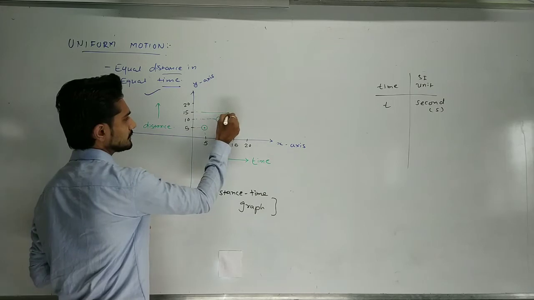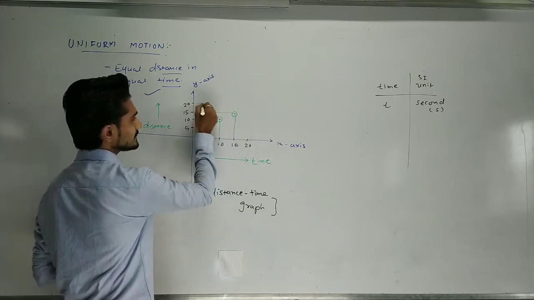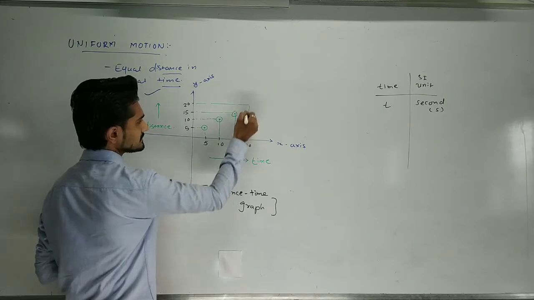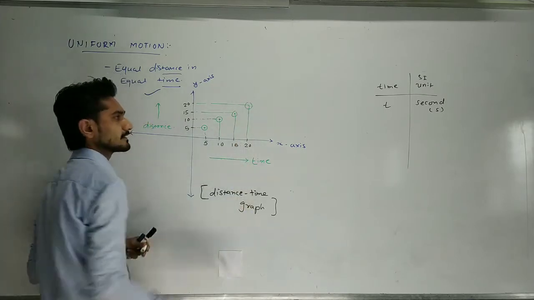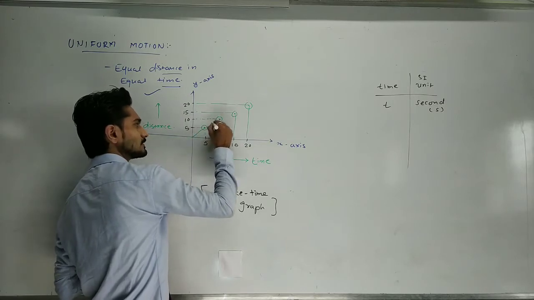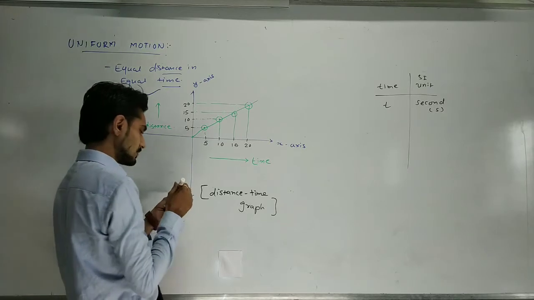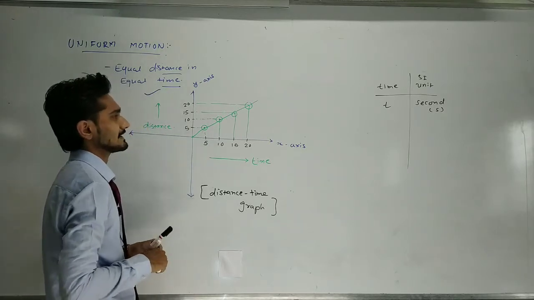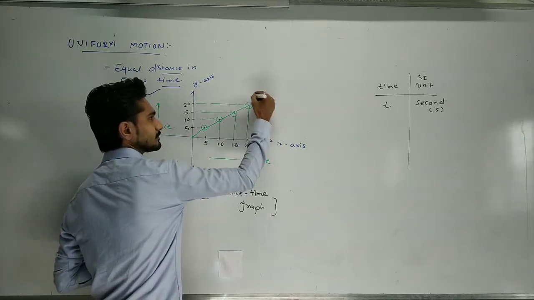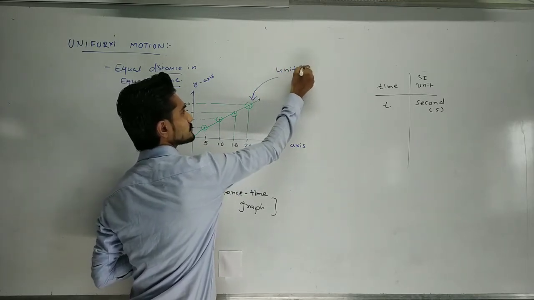Afterwards 15 kilometers, then the point comes here, and 20 kilometers, then the point will become here. So if I join these points, then the line is a straight line, and the straight line motion is defined as the uniform motion.